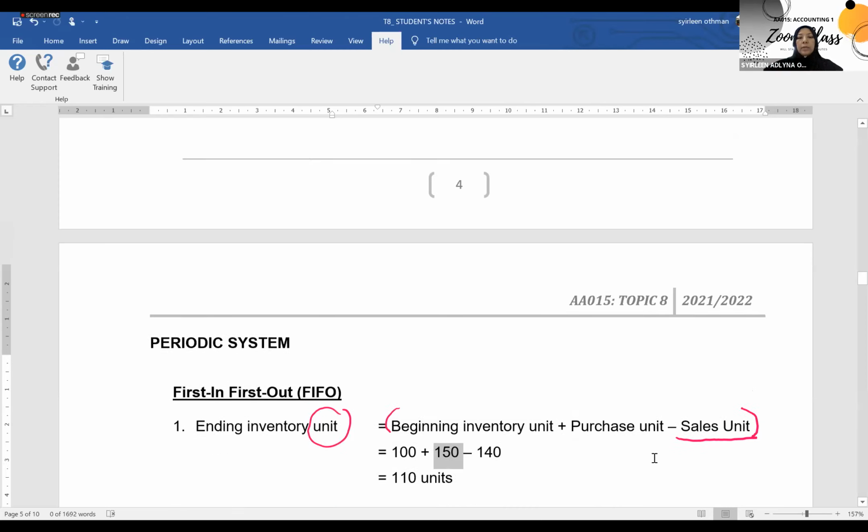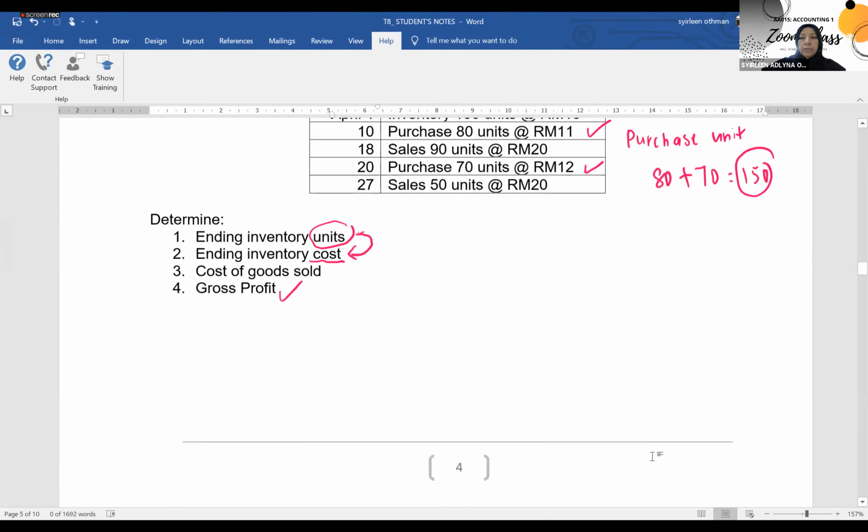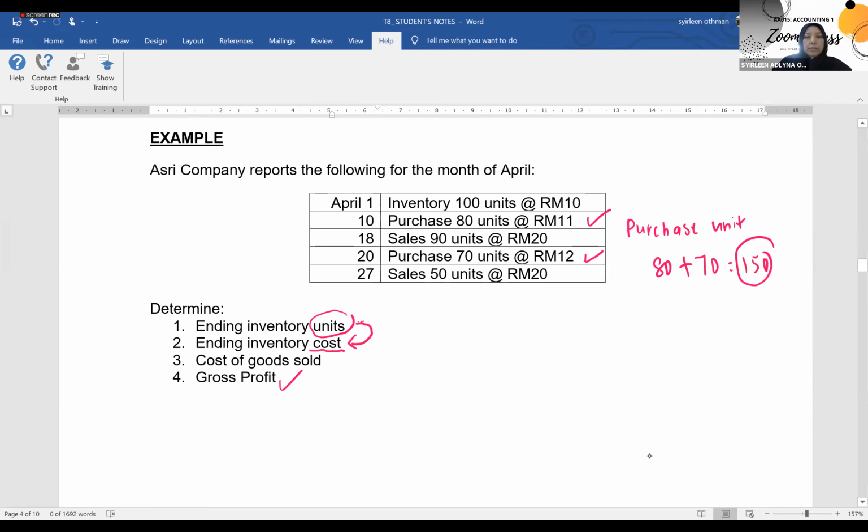So my purchase unit dah tahu, my sales unit ialah 18 dengan 27 ni. So I have 90 units plus 50 units. So my sales unit ialah 140 units.